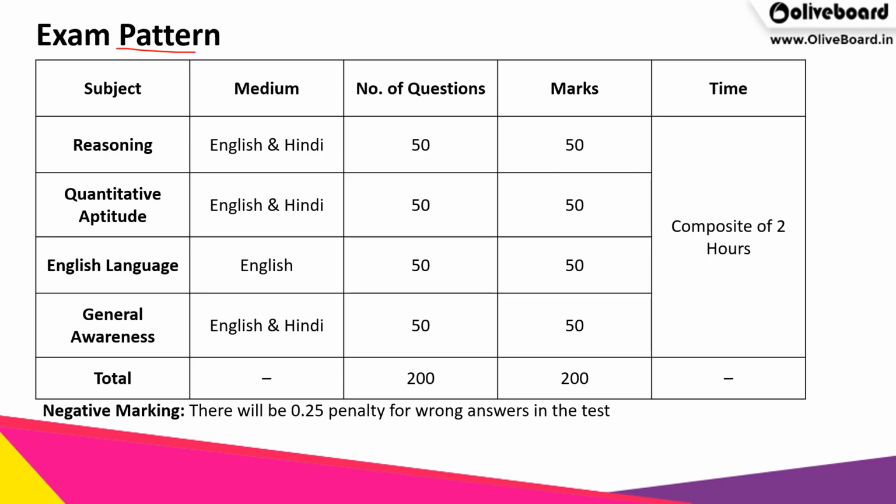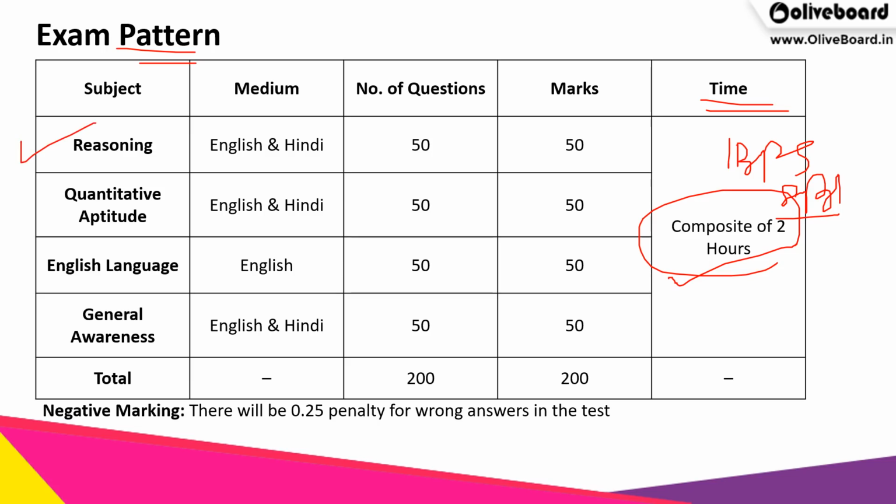Coming to the exam pattern, here for Canara Bank PO exam, we do not have sectional time limits unlike IBPS PO or say SBI examination. So here you will be given a composite time of 2 hours and there are 4 sections which is reasoning, quantitative aptitude, English as well as general awareness. 50 questions per section carrying 50 marks each.